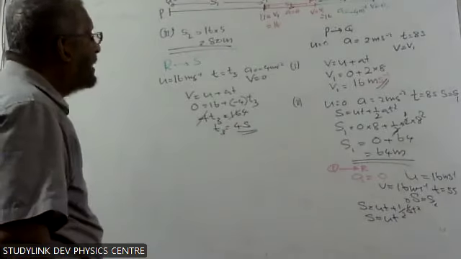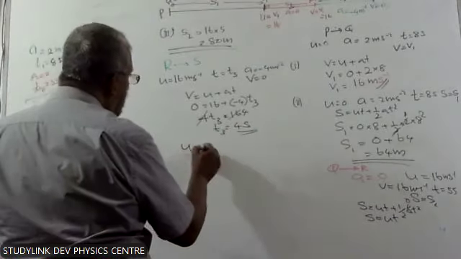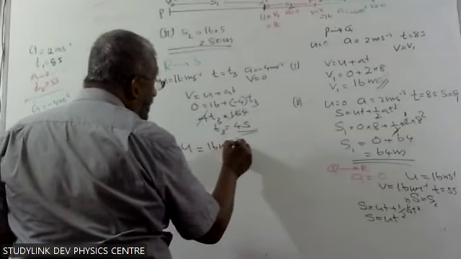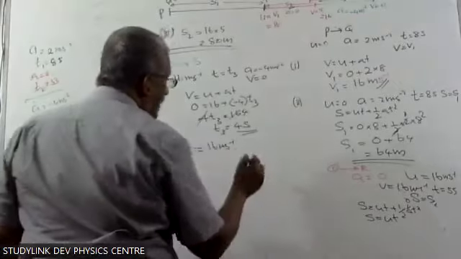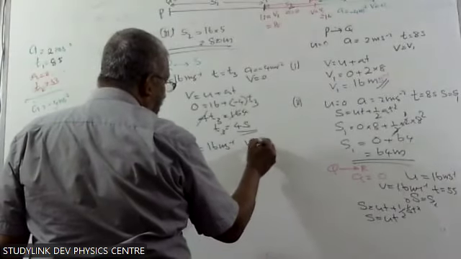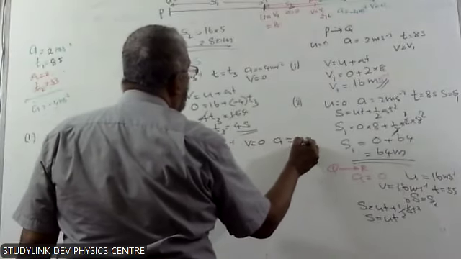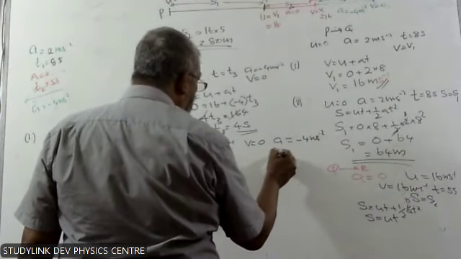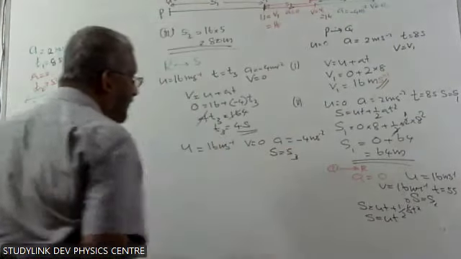Then we want to find S. u is equal to 16 m/s starting velocity, and v is equal to 0. a is equal to minus 4 m/s², and we want to find s, s is equal to S3.